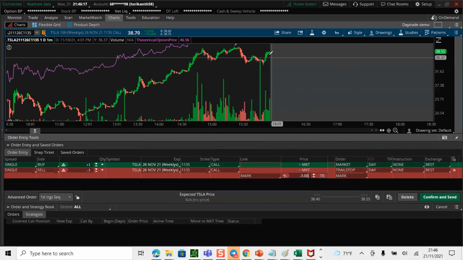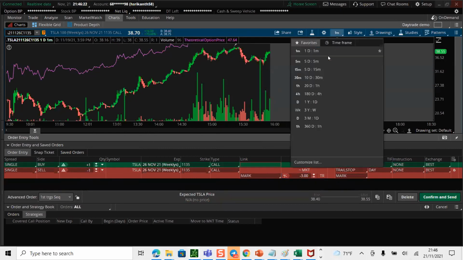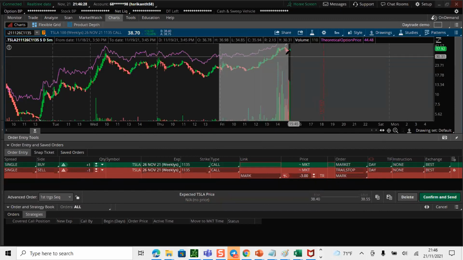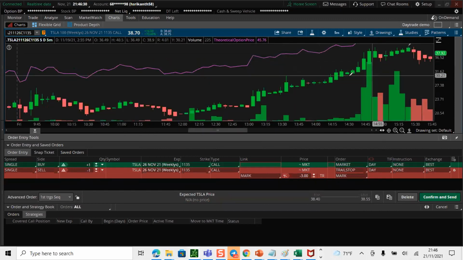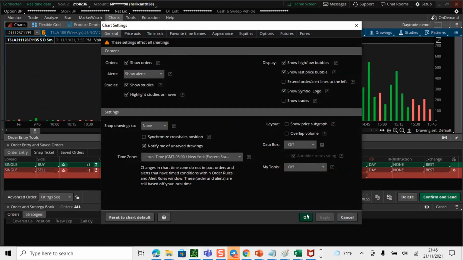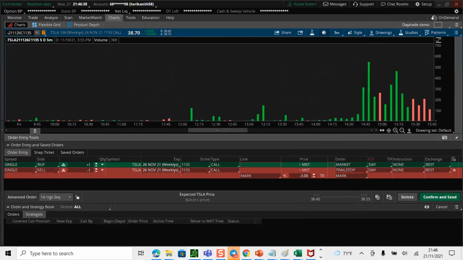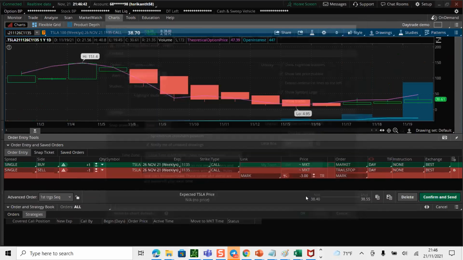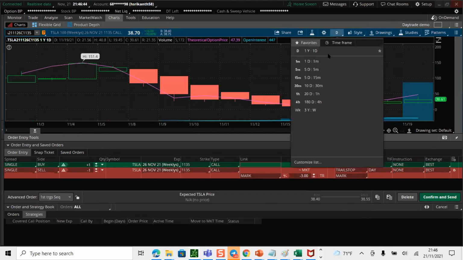Again, you also need to understand that option premiums keep changing, so let's take this chart right here. I think this is much better.